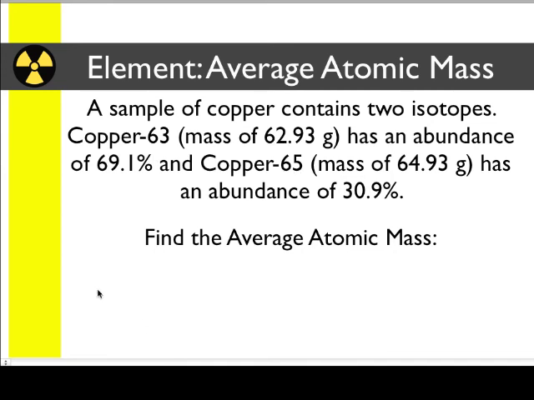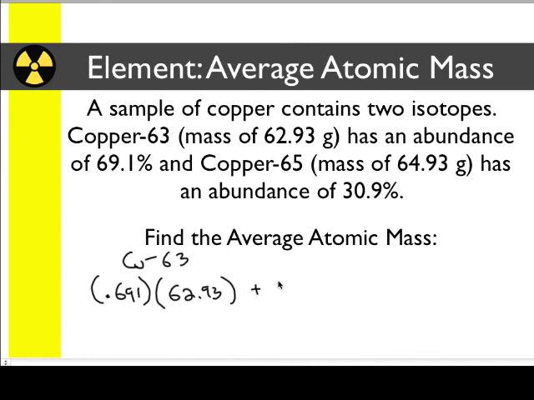That makes sense. So let's take the mass of those. I want 0.691, the decimal of the percent of the copper-63. Remember, all you do to get that is divide by 100. Multiply that by the grams. This is my copper-63, that's the weight from that.